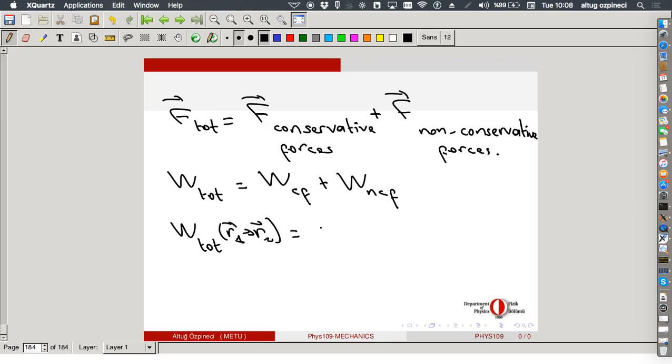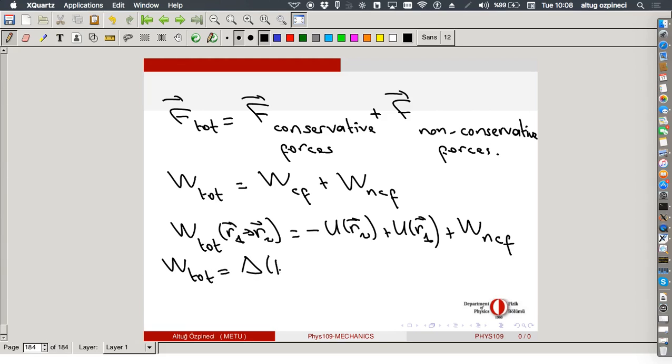So the work done by the conservative forces we can write as minus U of R2 plus U of R1, plus the work done by non-conservative forces. And again, the total work done on the object is equal to the change in the kinetic energy of the object.